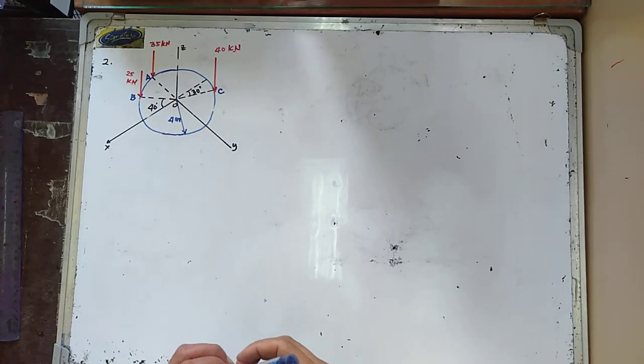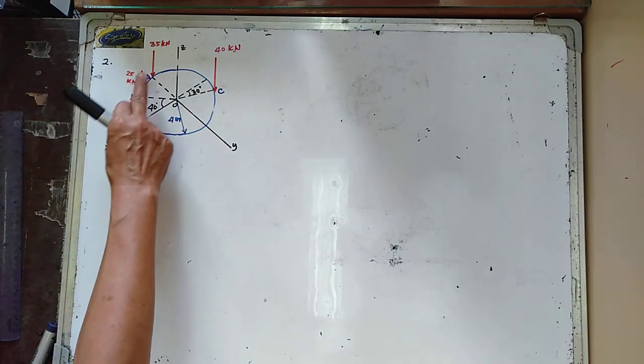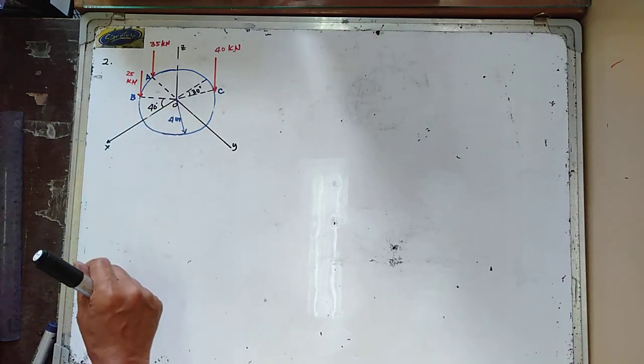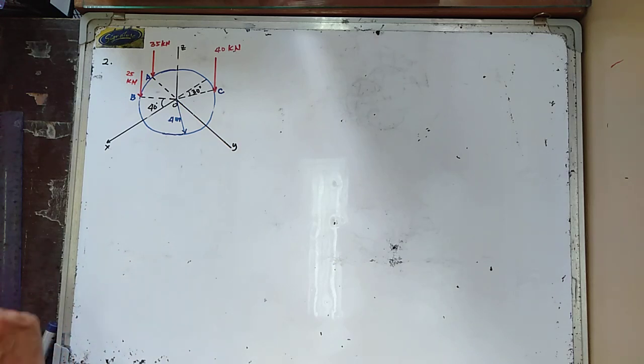This is now your problem number 2. Find the x and y coordinates of the point where the resultant of the three forces crosses the plane. So what is therefore the coordinates?